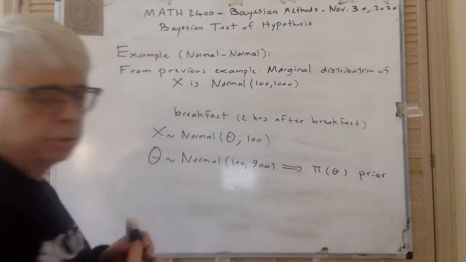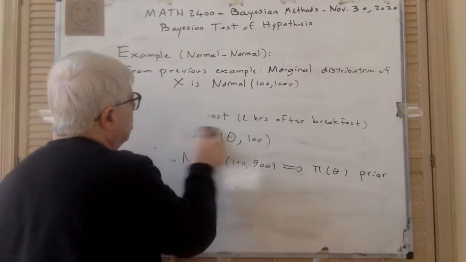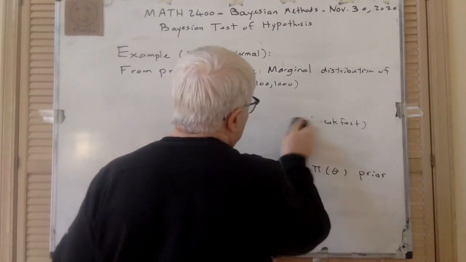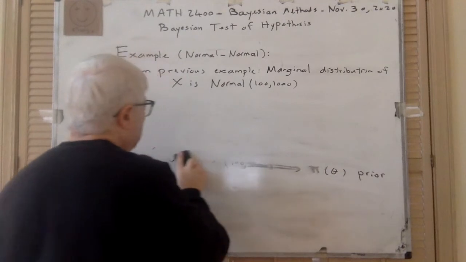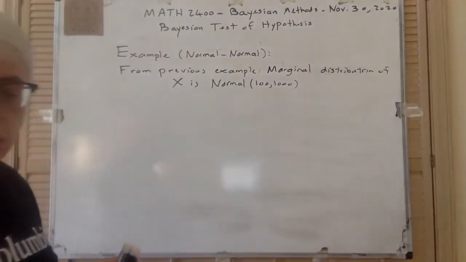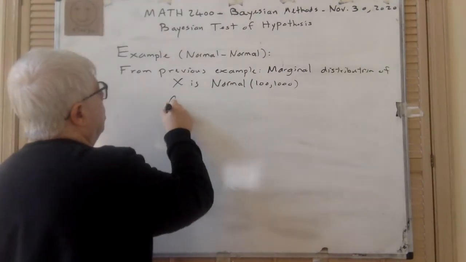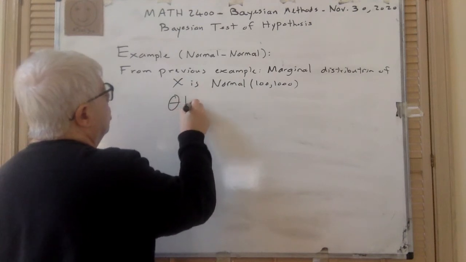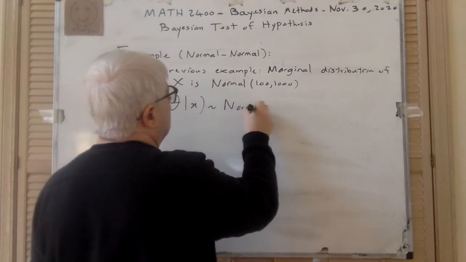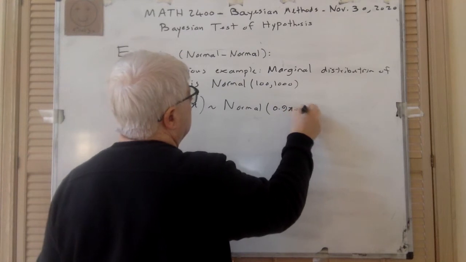But that's in fact X itself. And also, I found that theta given X was normal, remember, with mean 0.9x plus 10 and variance 90.